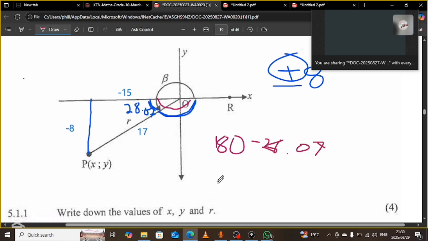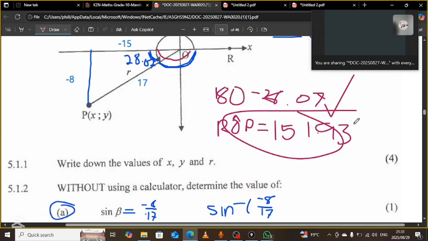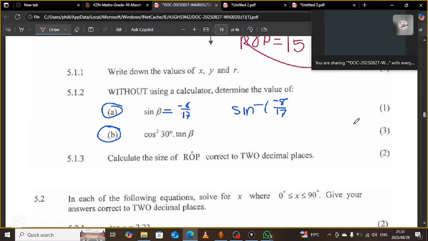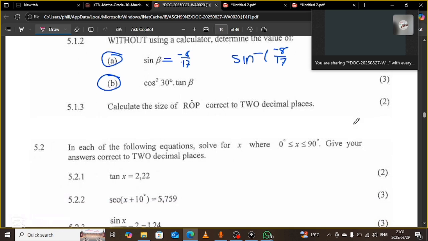And then what are you getting for R angle? This was supposed to be a final answer. It's just the beginning.